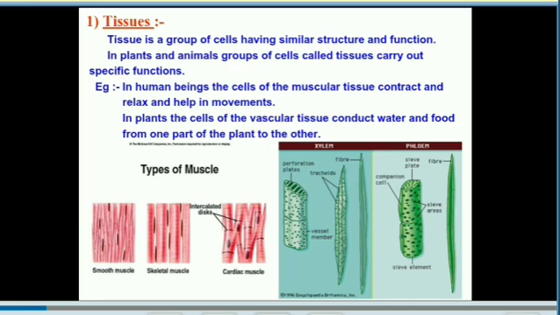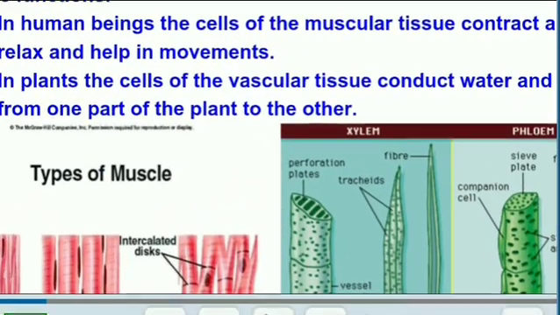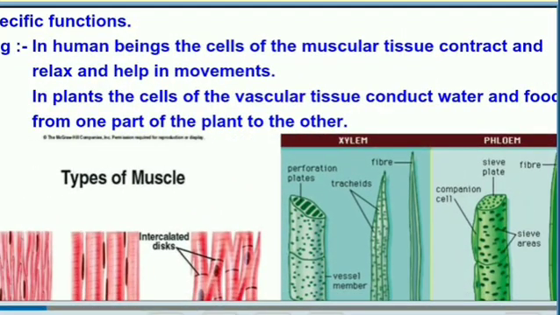As was given in the example, in human beings the cells of muscular tissue contract and relax and help in our movement. In the same way, in plants we have vascular tissues which are used for conduction of water and food from one part of the plant to another part.